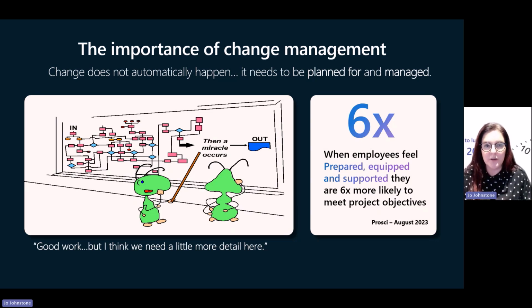We know that not everybody changes at the same time. So, pushing out that change quickly and just hoping that everybody read that email with the training link in isn't going to work for everybody. Change doesn't miraculously just happen. It needs to be really considered when rolling out, especially rolling out Copilot, but any tech.